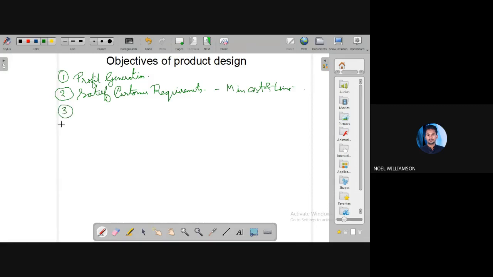Next, third one is to achieve the desired product quality.